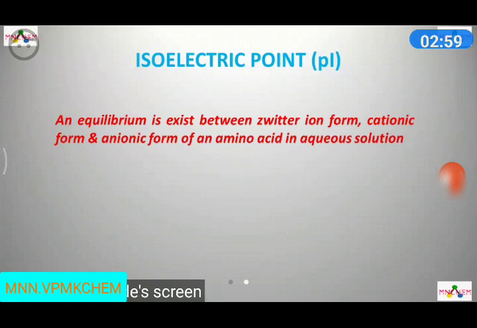If we dissolve an amino acid in water, we get the aqueous solution of that amino acid. As we have discussed, the Zwitter ion form, which is a dipolar form, in the aqueous solution is in equilibrium with the cationic form and anionic form of the amino acid.